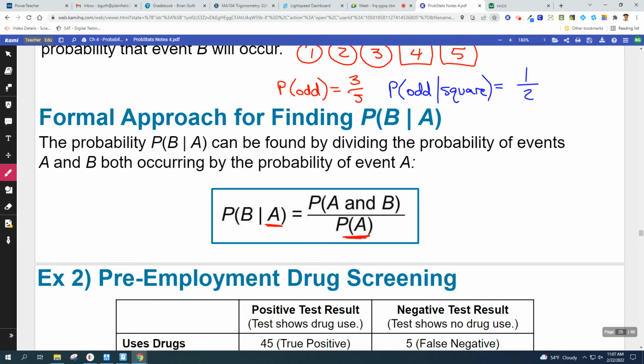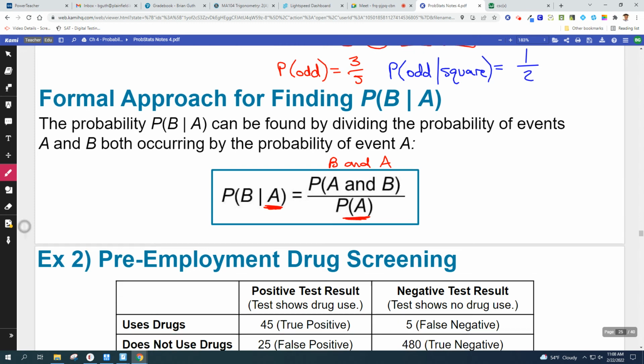The top could be interchangeable. A and B is the same thing as saying B and A. If I said, you and me, or me and you, maybe that's grammatically incorrect, but we're talking about the same thing, the two of us, right? It doesn't matter which order the top is, but the bottom does matter, and it's got to match with whatever this is.